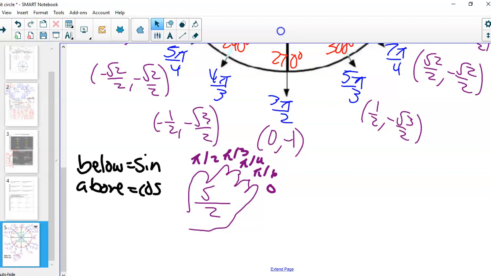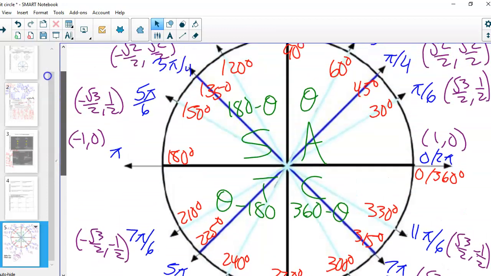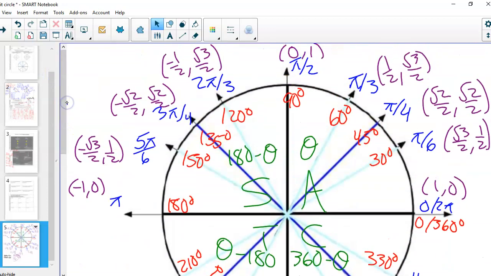There are also so many patterns around your unit circle. One of them is if you look at your reference angles, this goes 3, 2, 1, 3, 2, 1. If you're just looking at your numerators, everything's always over 2. What are some other patterns we see?